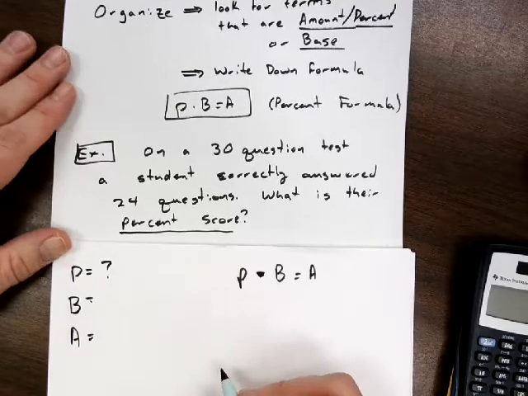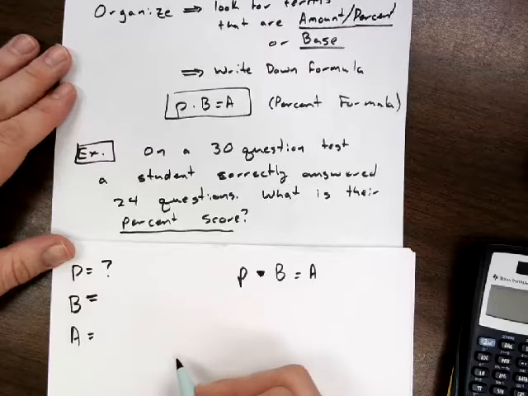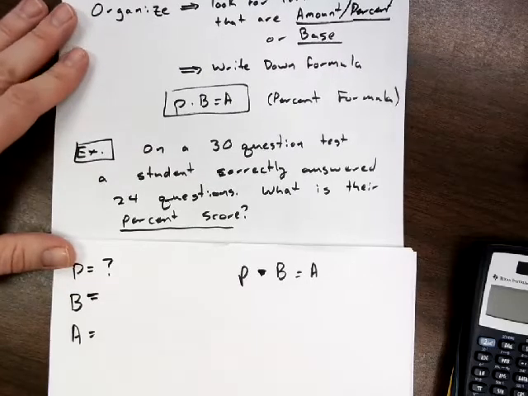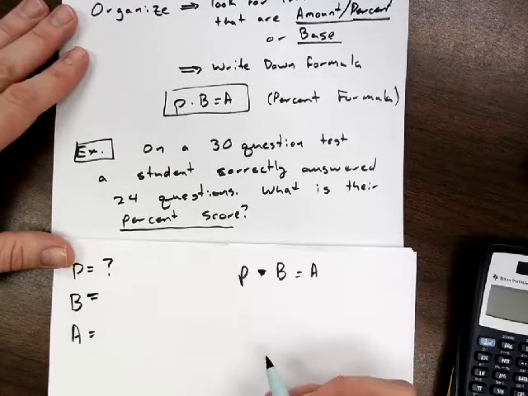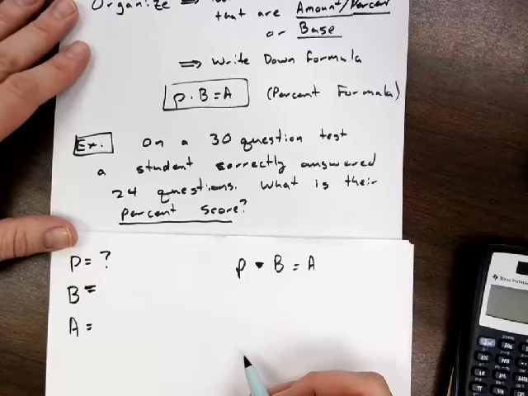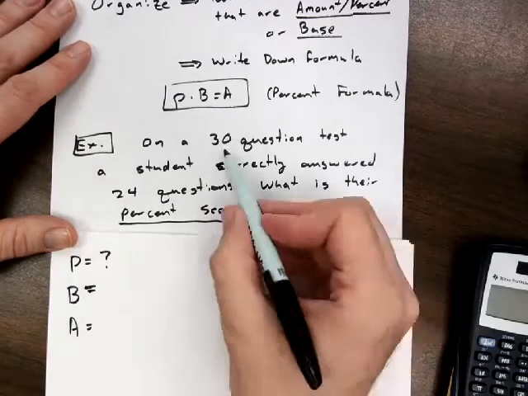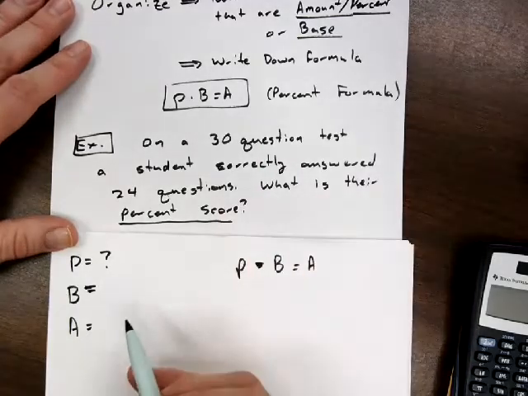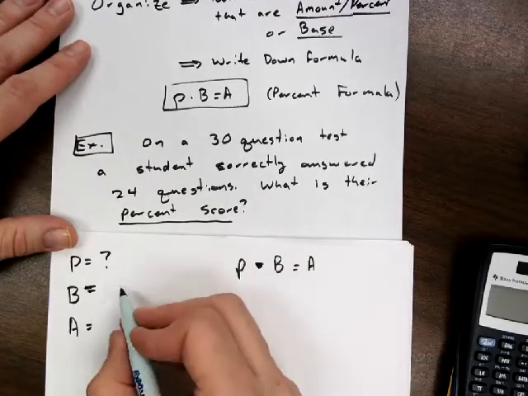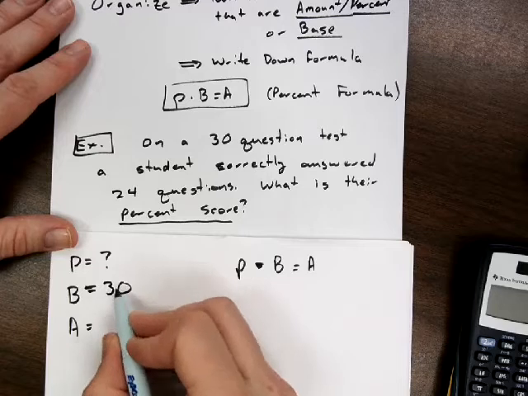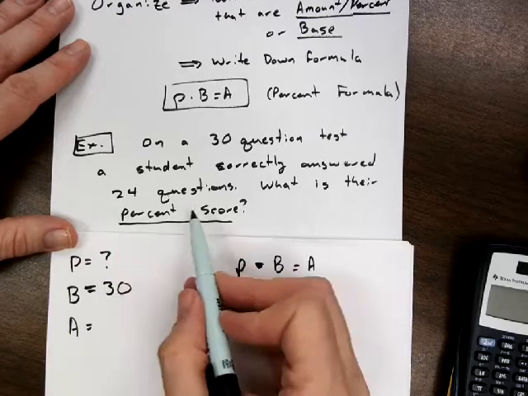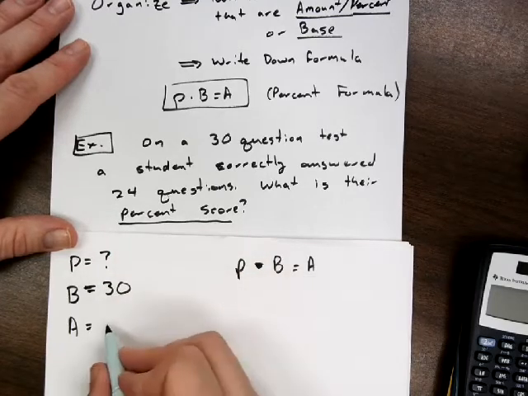Our base is usually whatever our total is, our starting number, our totality. In this case, it's 30, because 30 questions represents the whole test. We only answered 24 correctly, so that 24 is going to be our amount.